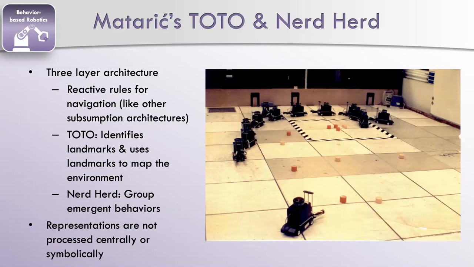We did this with a couple of other objects as well, Toto and Nerd Herd, that allowed, with just a couple of layers, you to react to an environment in complex ways that were presumably unpredictable, or at least would have taken a lot of programming to try to do separately.